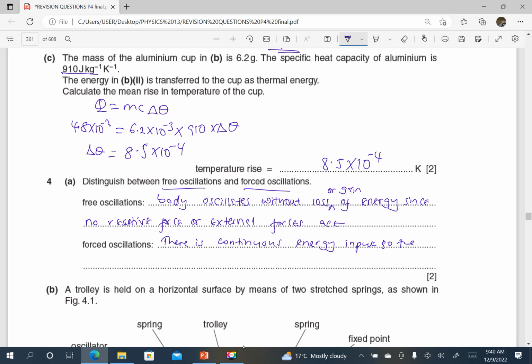So the body is made to vibrate by an external periodic force, or you can call it a driving oscillator.